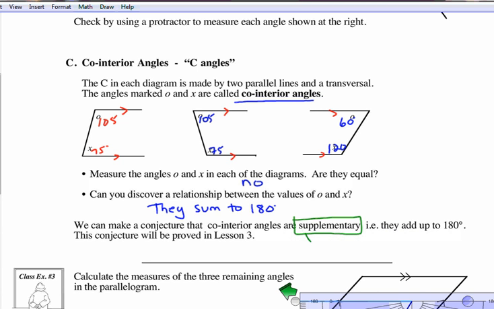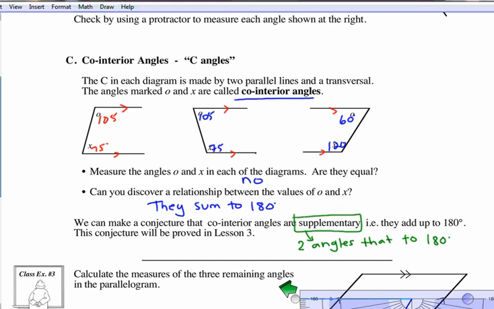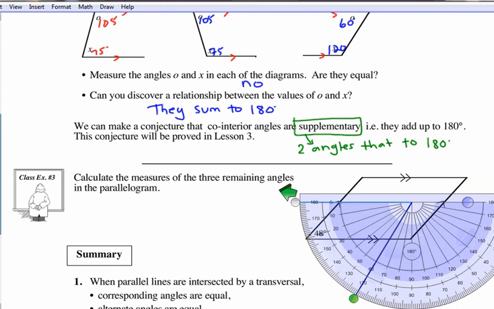Supplementary means that when we have two angles that add to 180, then they are supplementary. So co-interior angles are supplementary, or add to 180.